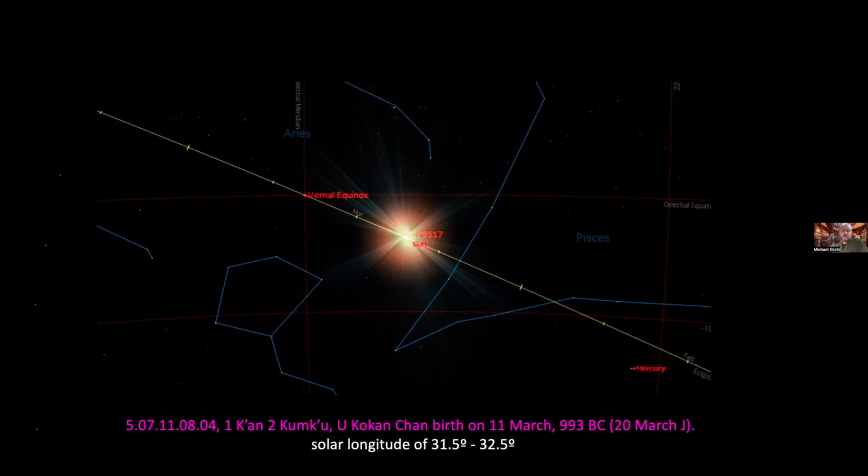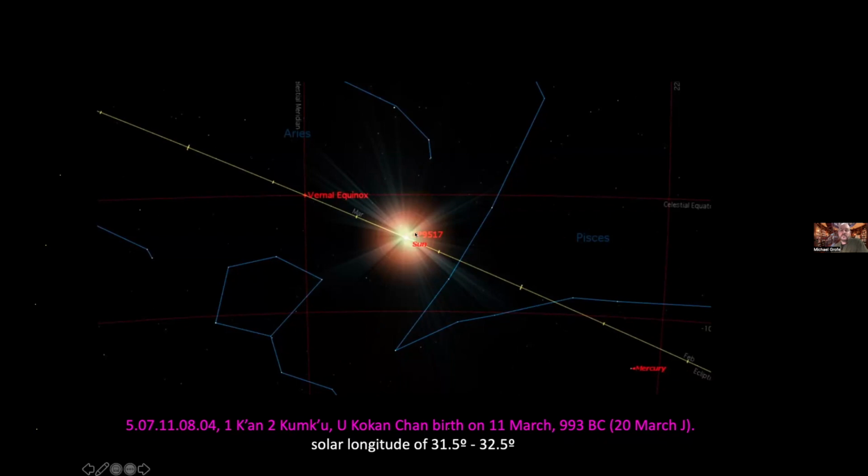I include the solar longitude here for, as Hutch Kinsman does when he's looking at his sidereal pair dates. And the solar longitude is 31.5 degrees to 32.5 degrees over the course of that particular day of his purported birth.